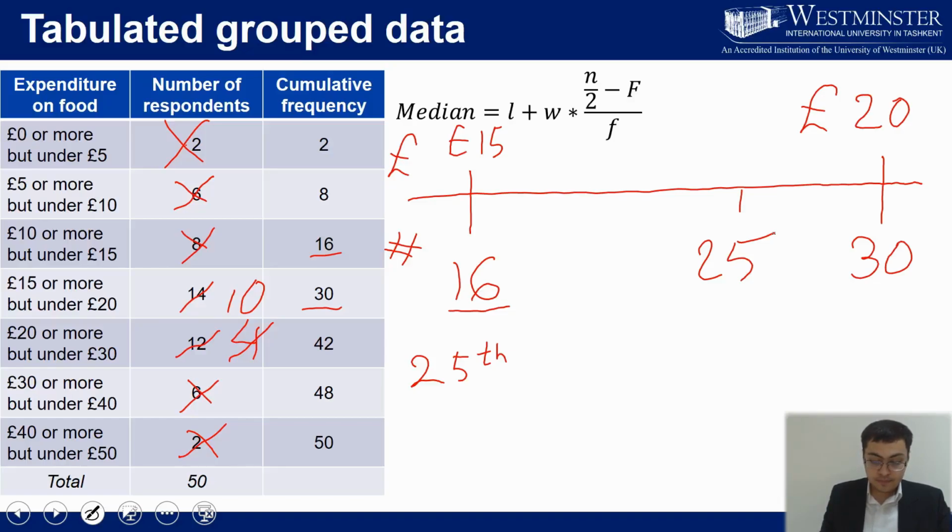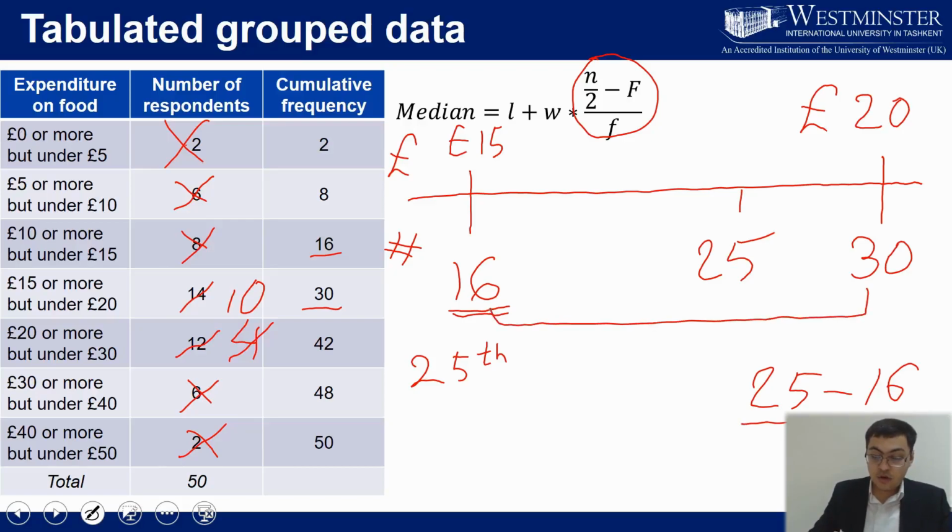Right? So let's just look at this small part here first. That's going to be n divided by 2, that's 25. I subtract from it this number 16, and then I divide it by the size of my frequency group.